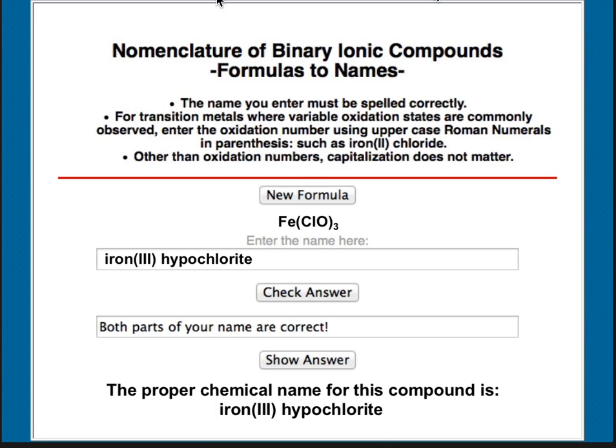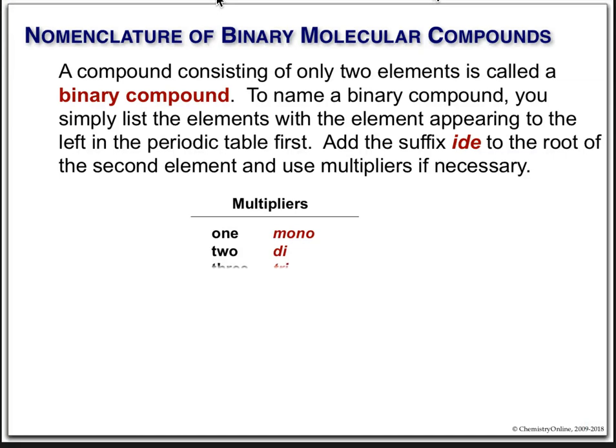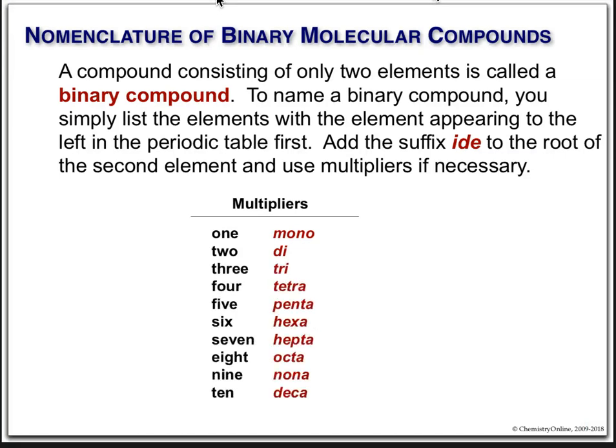How about molecular compounds? They're going to be exactly the same, except that with molecular compounds, we're going to use multipliers. That's going to make it so much easier. 1 is mono, 2 is di, 3 is tri, tetra, penta, hexa, hepta, octa, nona, deca.